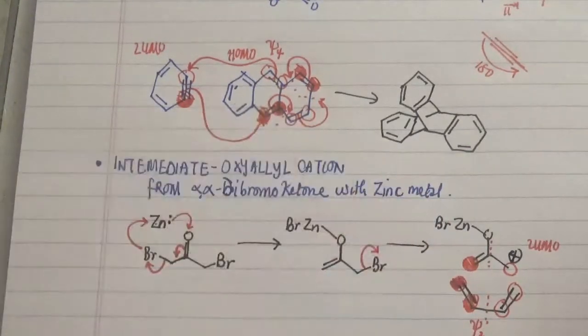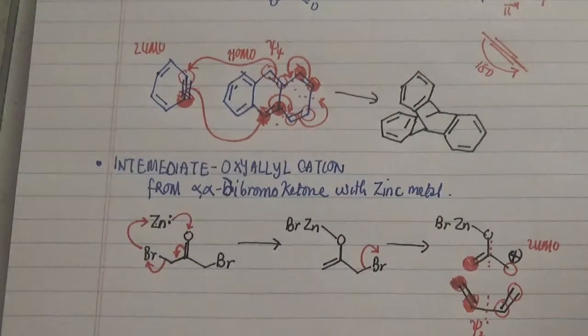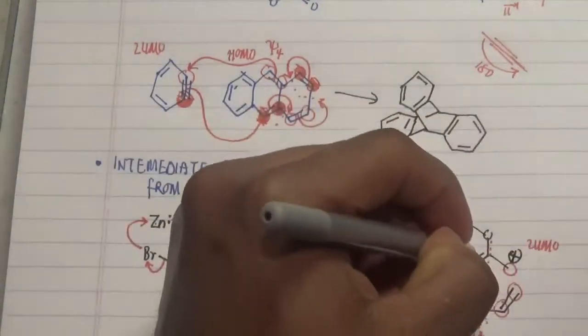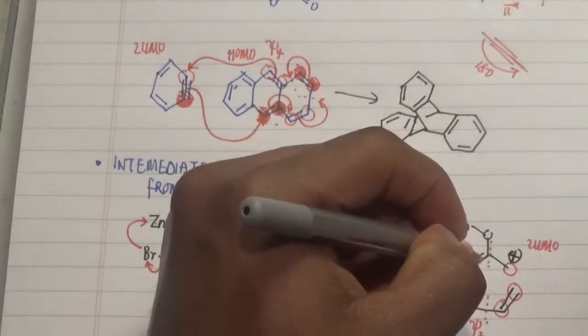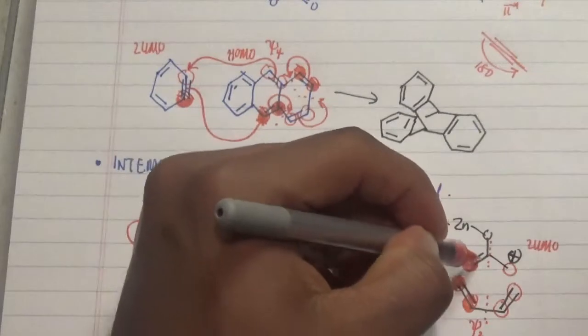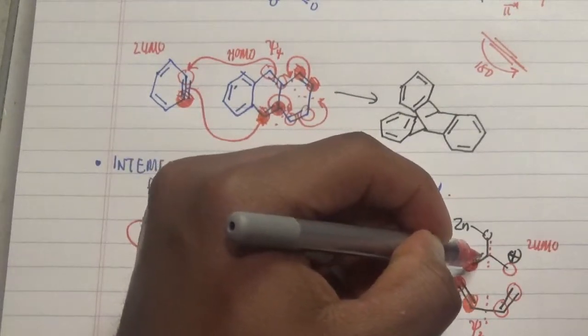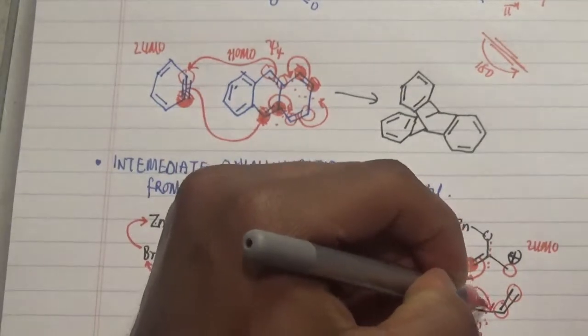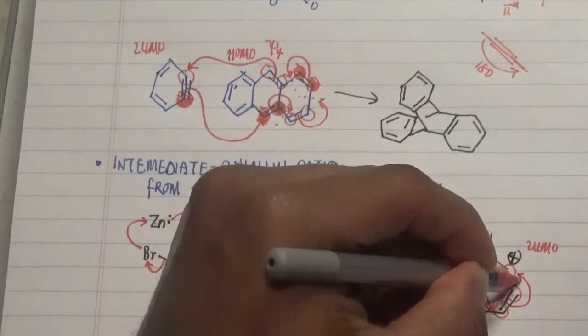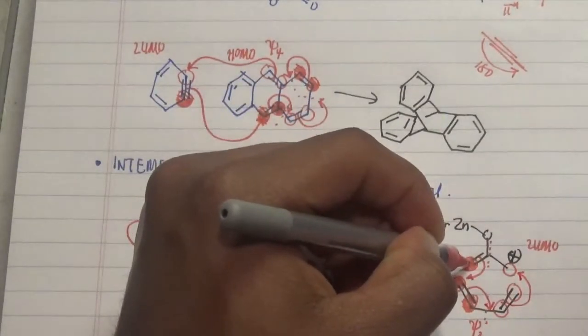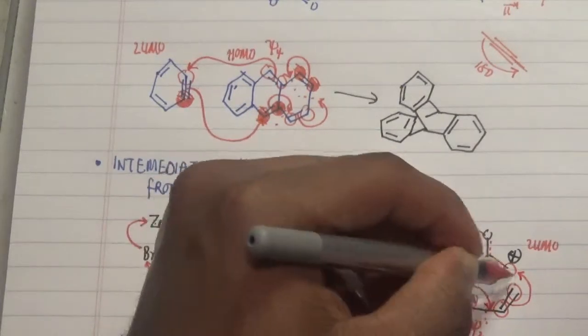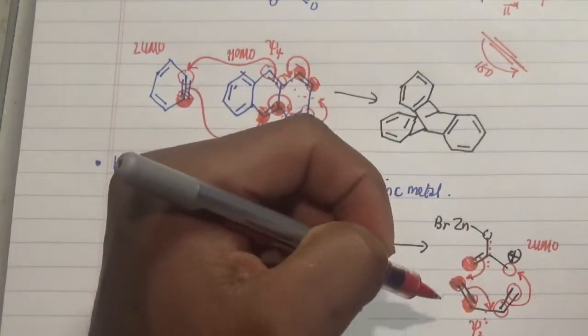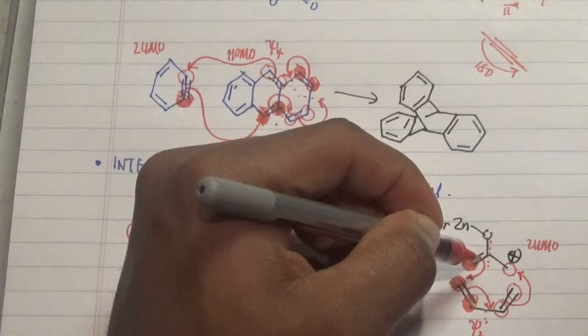What we get is a rotation of our bond, which is a 4+3 cycloaddition reaction over here. So this comes over here, that comes here, that then comes here, and what we get is the formation of 2 sigma bonds with a loss of a pi bond.